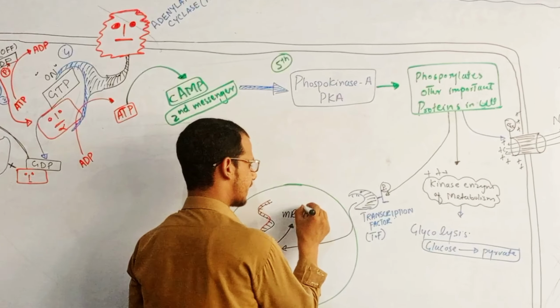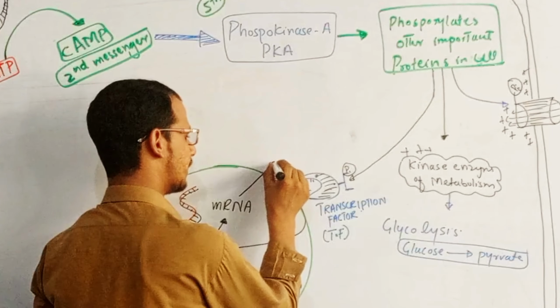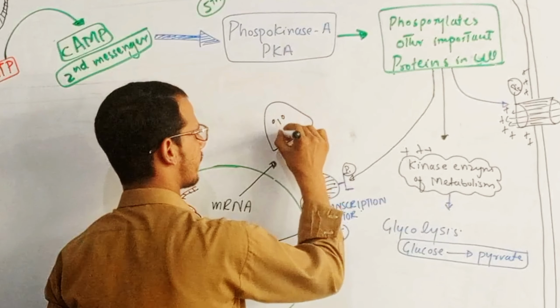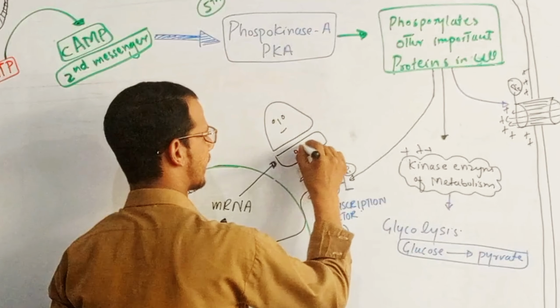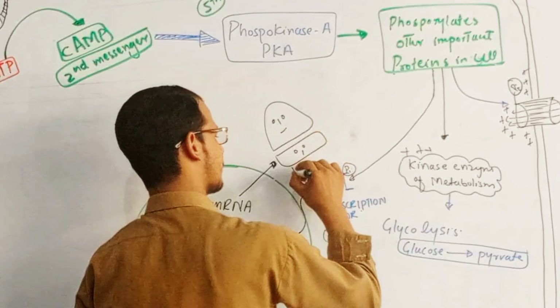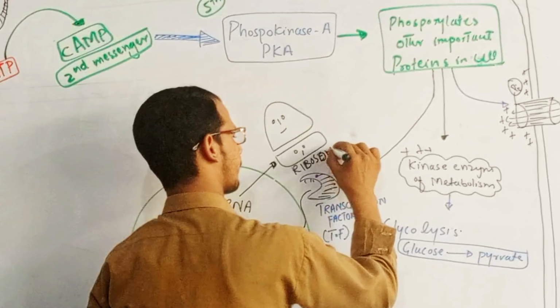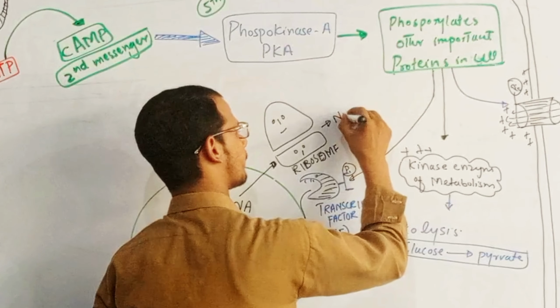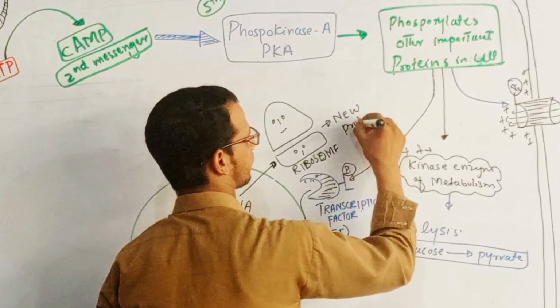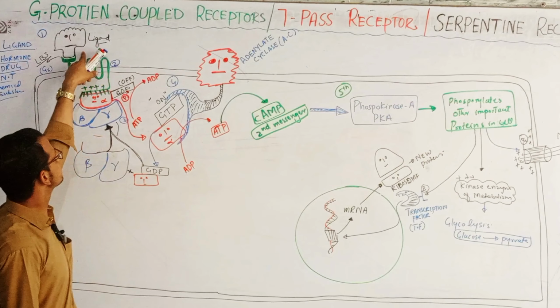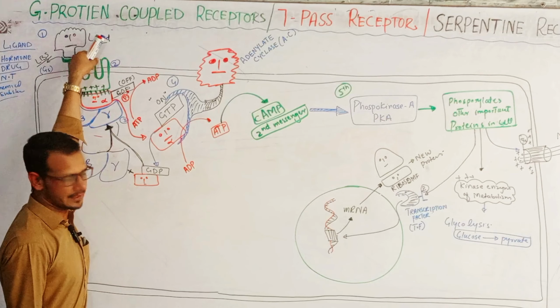So messenger RNA will leave the nucleus, and here we have a ribosome, and this ribosome will form new proteins. This is the third change due to this ligand, right?